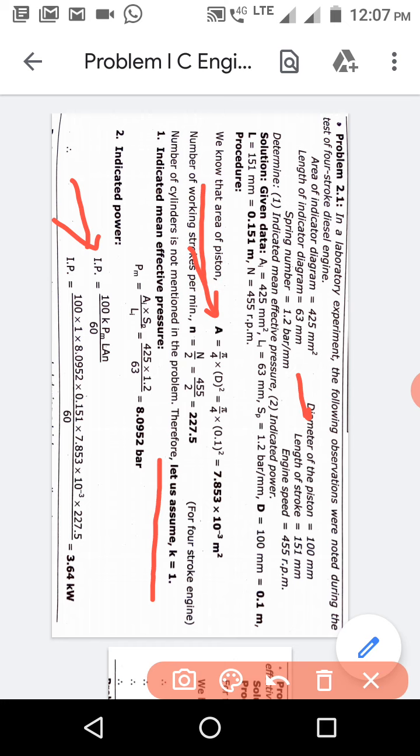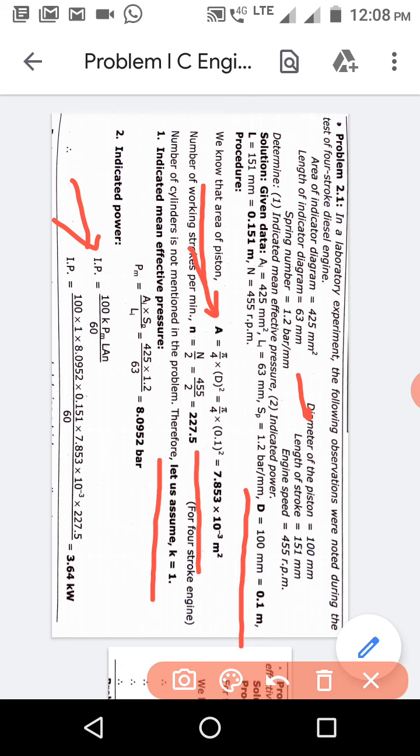We converted the 100 mm into the SI system, so 100 mm is equal to 0.1 meter, and from this dimension we got the area of the piston as 7.853 into 10 raised to power minus 3 meter cube.